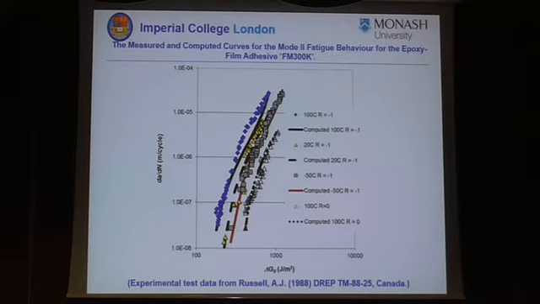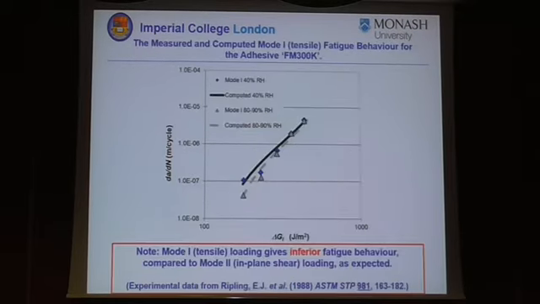A series of lines. The plots have actually come to Hartmann-Schreiber. If we use the Hartmann-Schreiber, which I'll show in a second, we can end up with the computed lines, which you'd hope to, of course. But sorry, this is the mode 1 data, just to show first. This is mode 1, then the mode 2. So da/dN against delta G again from a different group of authors, same adhesive system.